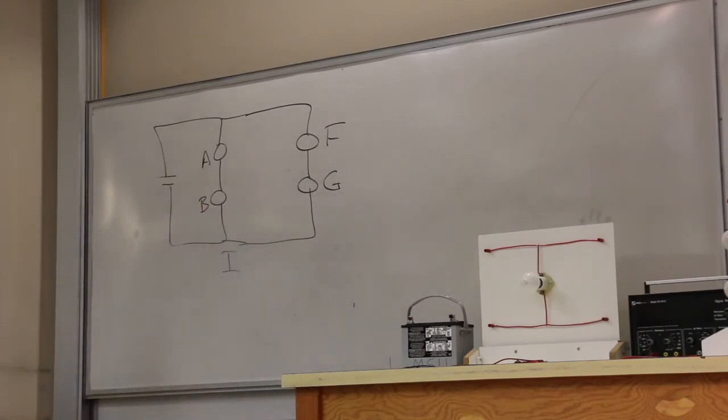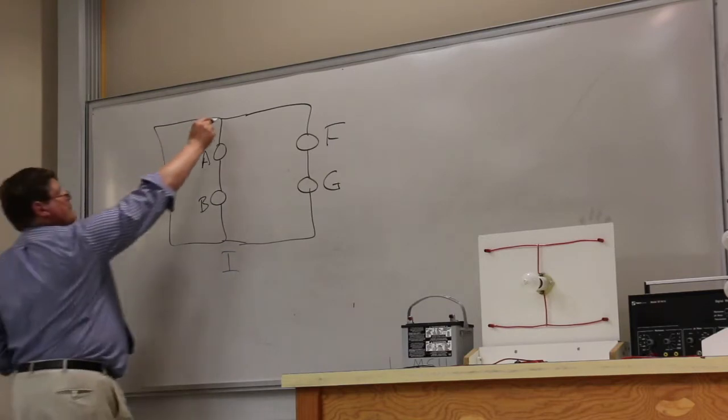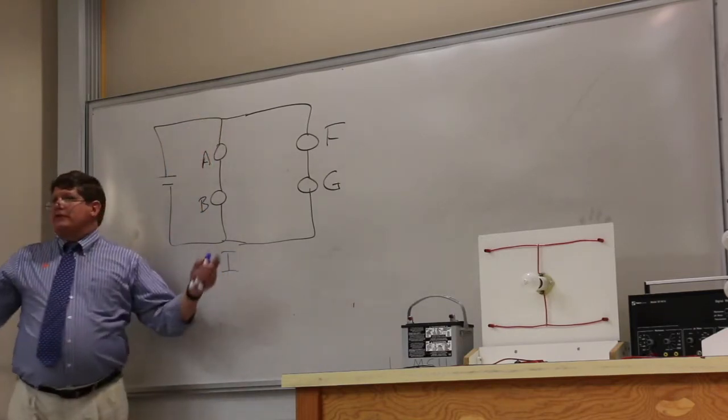That's pretty simple. Boy, don't you wish that were the circuit that Greg gave you on the exam? Yeah. I mean, the current would split 50-50 there. All these bulbs would be the same brightness.